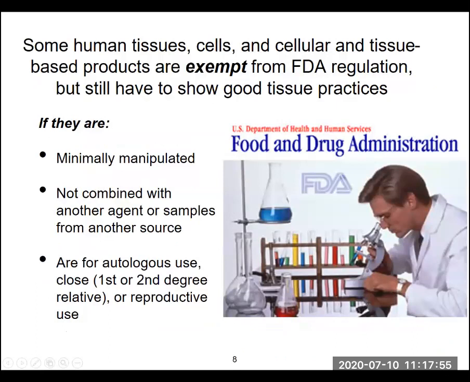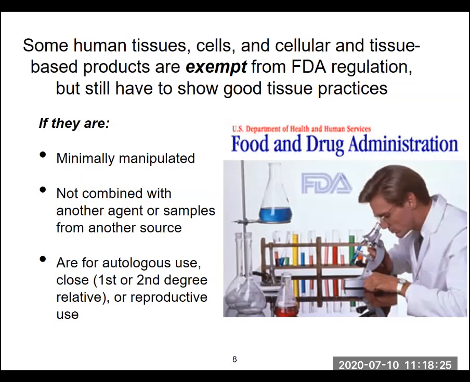Now, some human cells, tissues, and cellular or tissue related products are exempt from the FDA regulations as long as they're able to show that they've used those good tissue practices. And so they've gone through and been able to demonstrate that they haven't got stem cells that are infected and they're using good practices, so they're not going to become infected, they're not going to cause disease in the patients.